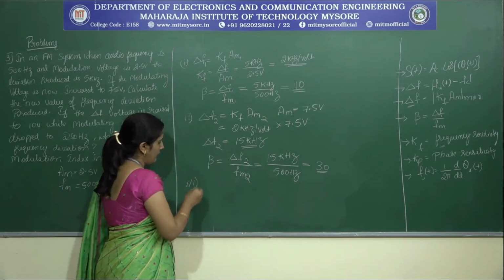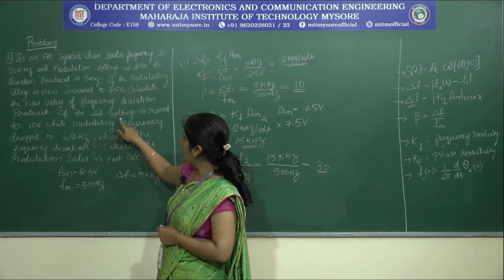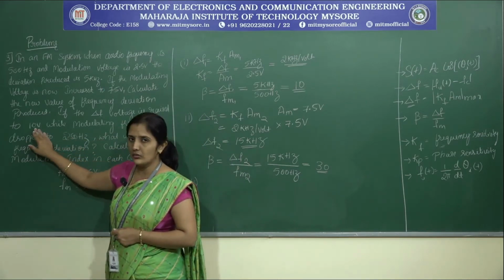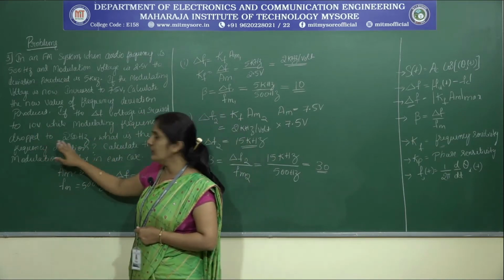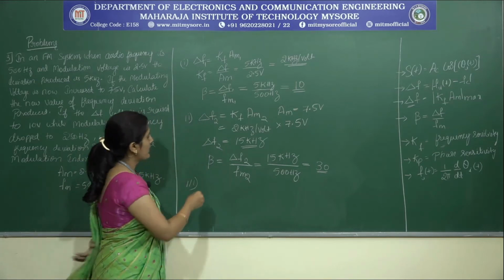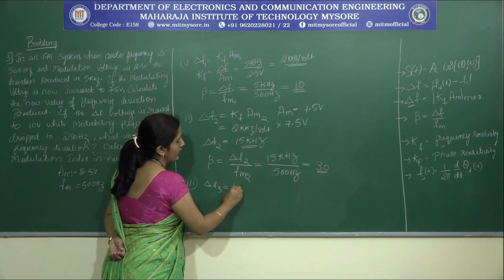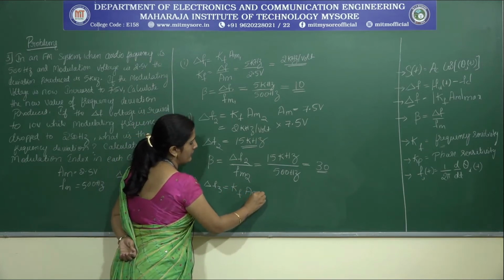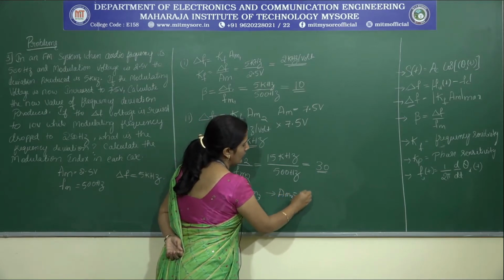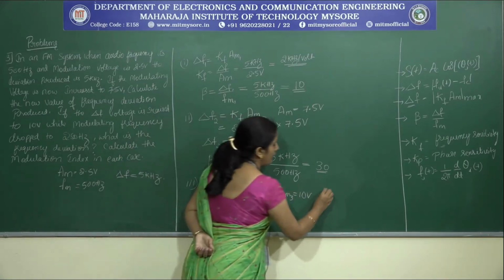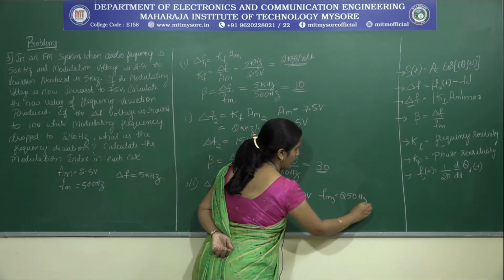The third condition we have to explain. Here you can see that the voltage is raised to 10 volt, that is our Am, and the modulating frequency drops to 250 hertz. If we consider the equation here, delta F3 is equal to Kf into Am3. So here Am3 is equal to 10 volt and Fm3 has dropped to 250 hertz.